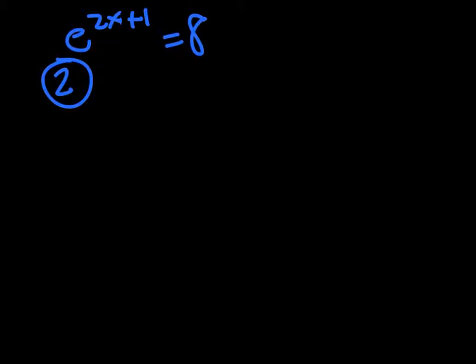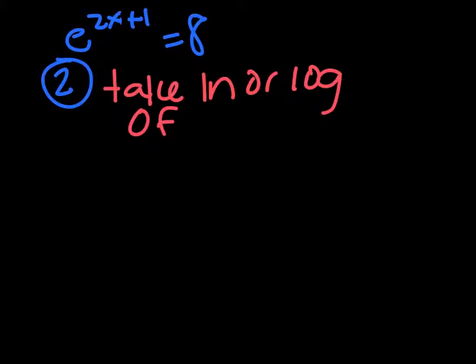So again, this is way number 2. If I look at e to the 2x plus 1 equals 8, I can also just take the log. You can take the natural log or the log of both sides.